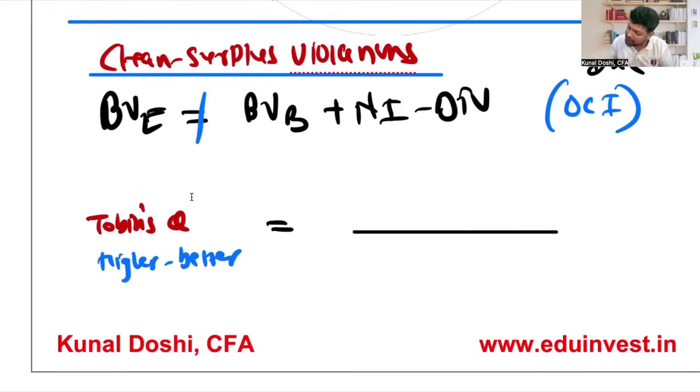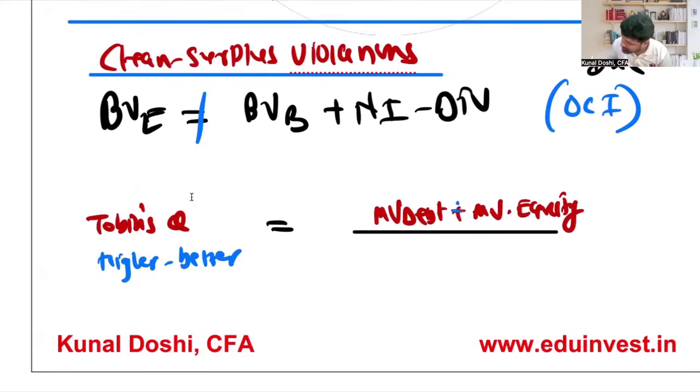On the numerator, we have the company's valuation as of now, the market value of debt plus market value of equity. Why both? Because assets are funded by debt and equity both. So what is the market value today? It should be higher compared to the replacement cost of the total assets.